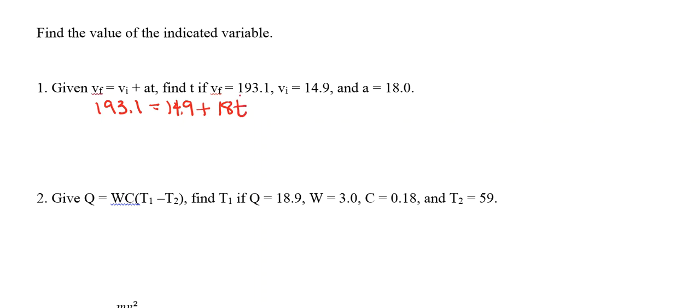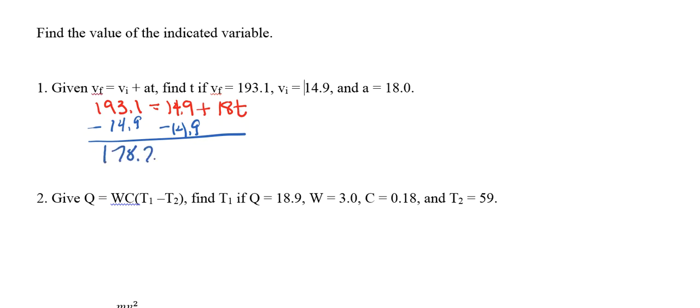So it looks a lot like all the equations you've been solving up to this point. So now you can just use the same rules. So I would minus the 14.9. So 193.1 minus 14.9 is 178.2.